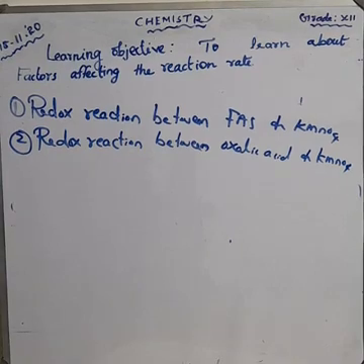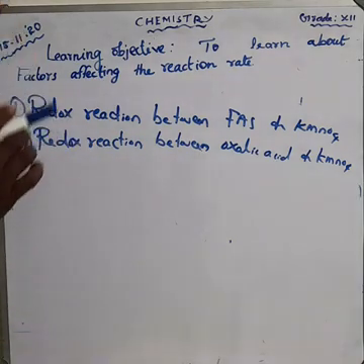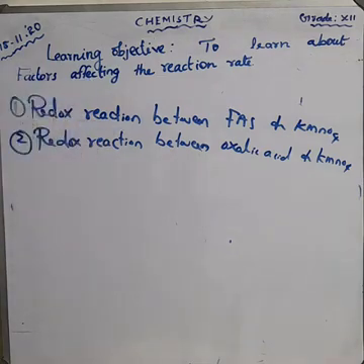That means it is one of the volumetric analyses. First of all, we should learn about volumetric analysis. What is volumetric analysis? By using volumetric analysis, we can estimate the ferrous ammonium sulfate.